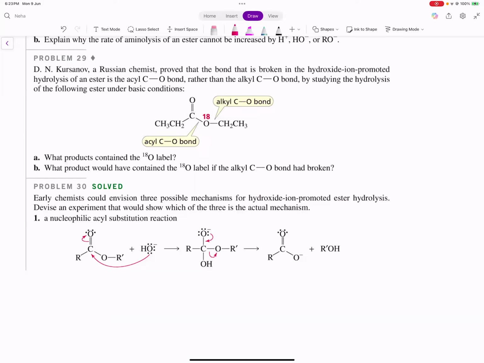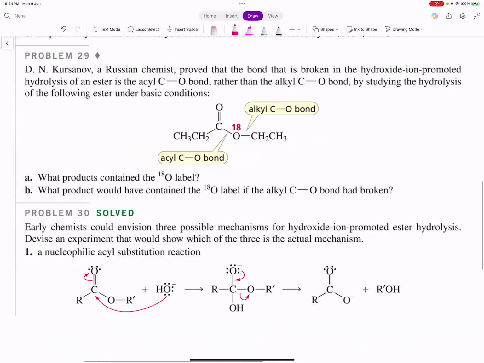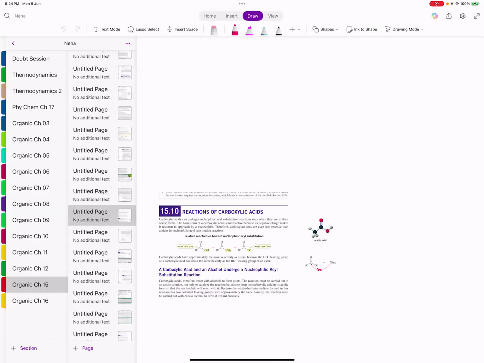Now you understand how they are using isotopes to get the mechanism right. Which bond is broken, right? See how sophisticated. They asked this in 2000, which I did correctly at our time.